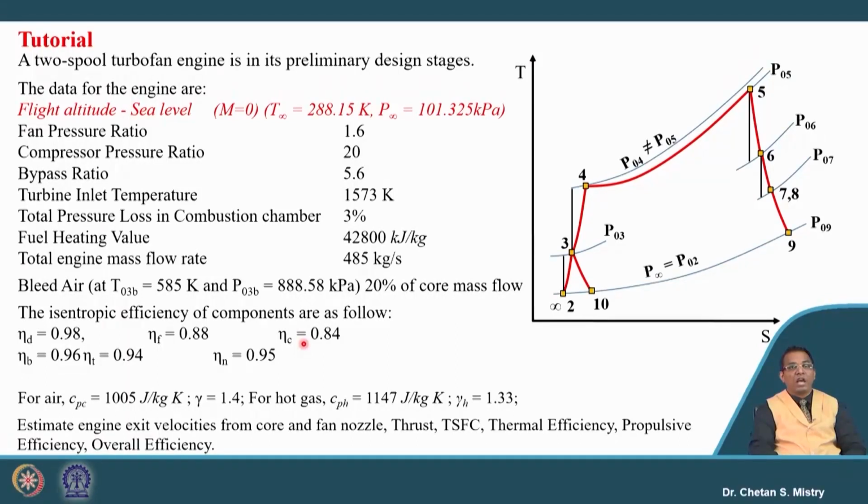It says we have a 2-spool turbofan engine at the preliminary stage. The information we are putting is the same, because we want to compare how the performance parameters change with the change of cycle parameters, both for your flight condition as well as for the ground condition or sea level condition.